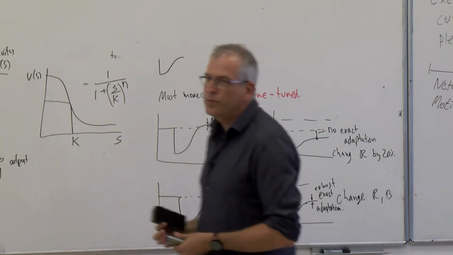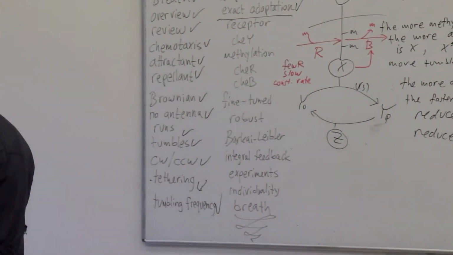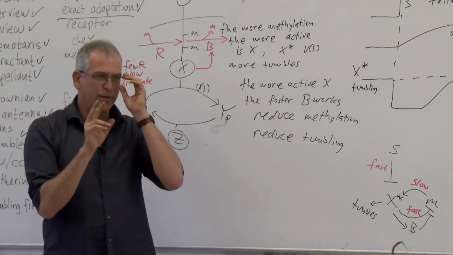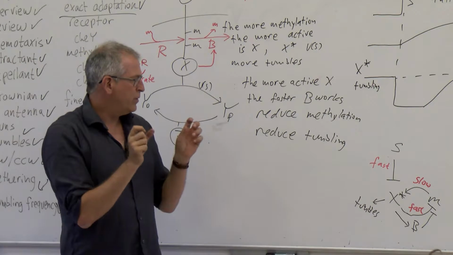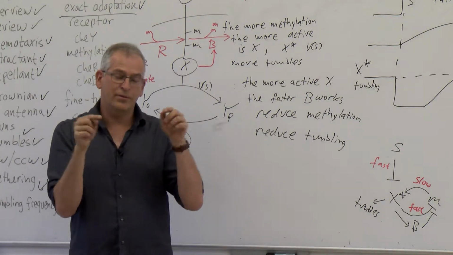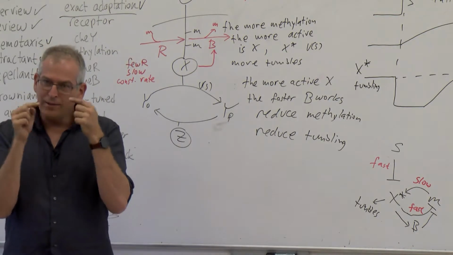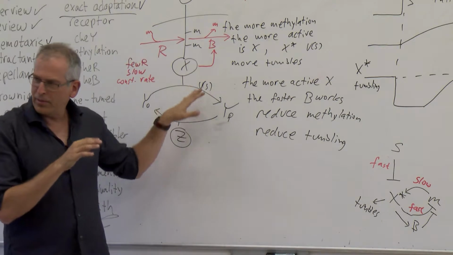You know what? I want to do something before I do this model. I want to recognize this is a complicated bit of biochemistry. So instead of getting a lot of questions, I want to propose that we use the heterogeneity of this class to ask you to talk to the person sitting next to you to see if you can understand the response and adaptation here in terms of this methylation.